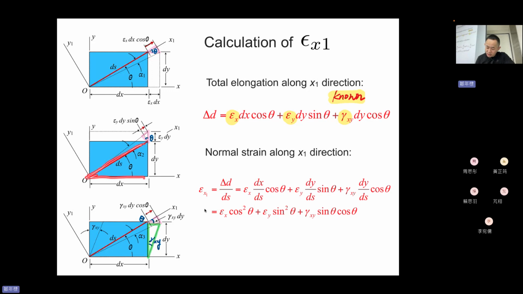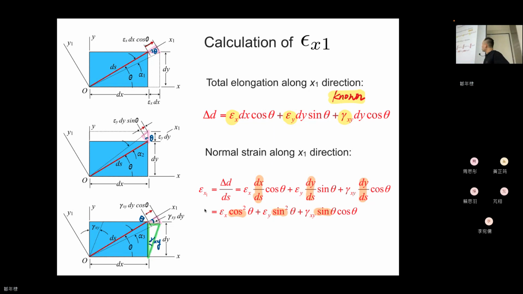dx over ds is cosine, right? And dy over ds is sine. So dx over ds is cosine, dy over ds is sine, right?